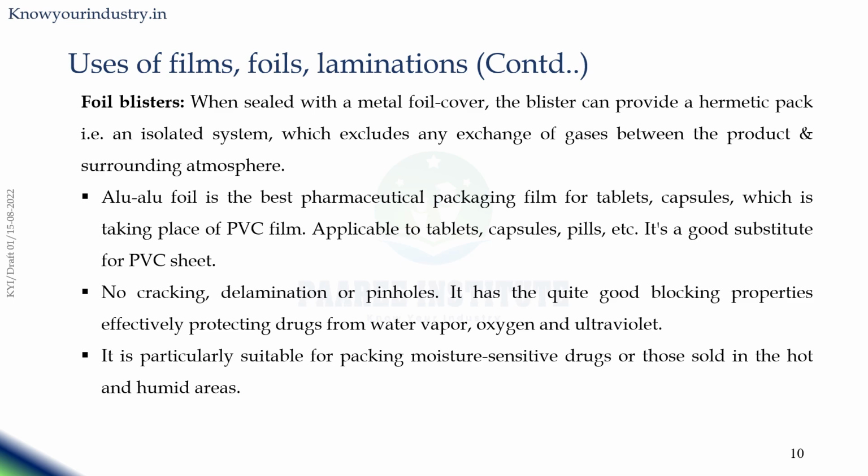It has quite good blocking properties, effectively protecting drugs from water vapor, oxygen, and light. It is particularly suitable for packaging moisture sensitive drugs or those sold in hot and humid areas. So it is commonly used in the current market trend. Wherever possible, foil blisters are used.